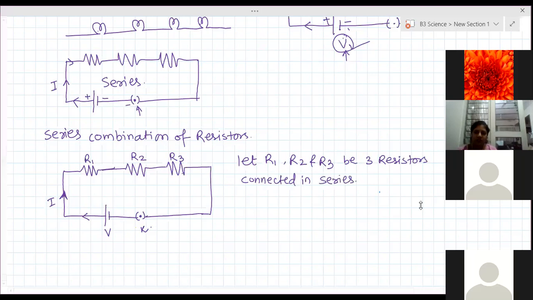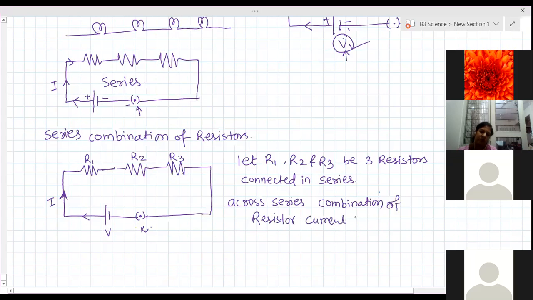Across the series combination of resistors, the current I remains the same across each resistor.